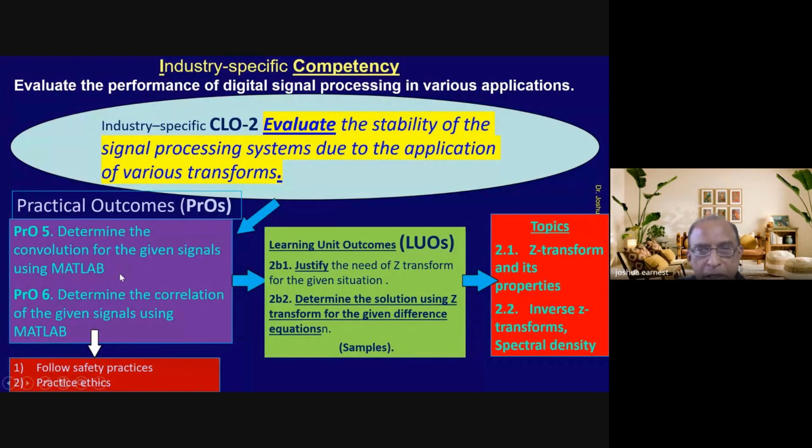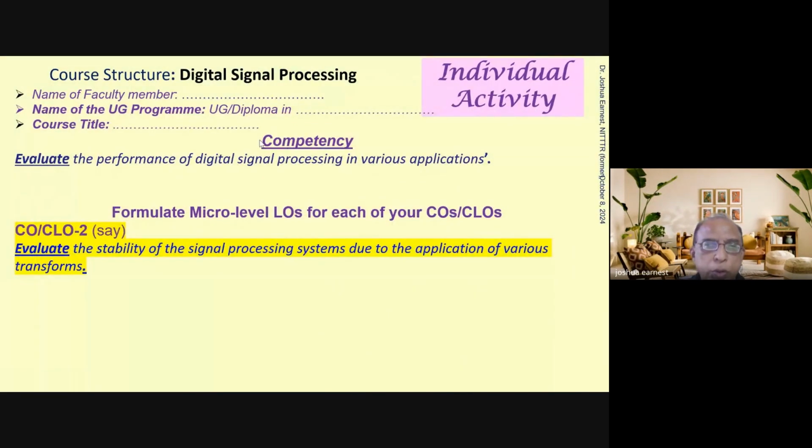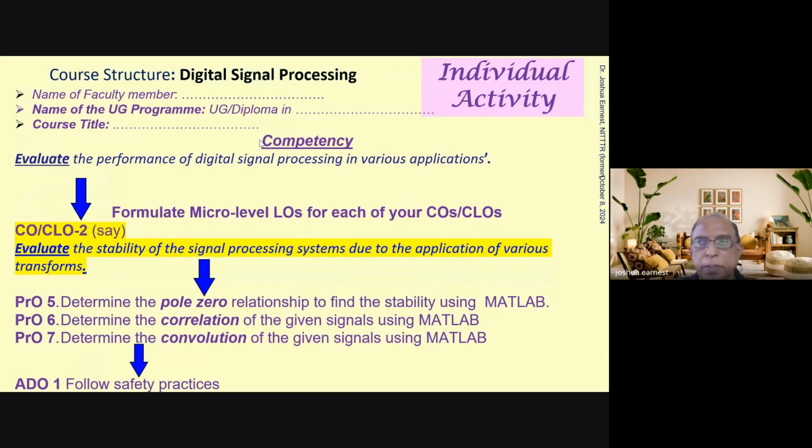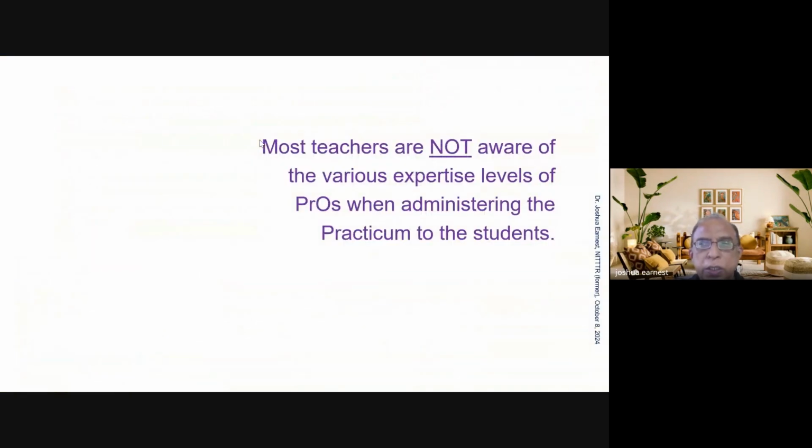When they can perform the practical outcomes, the CLOs are developed. Each CLO gets developed. Okay. That's what I wanted to show you. So this is an individual activity. You can do it for your own course, right?